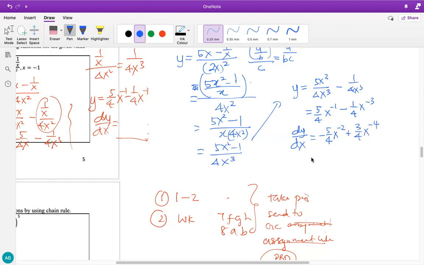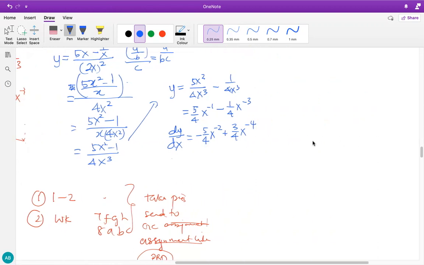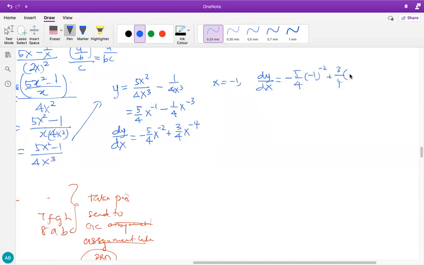Since the question asks what's the value when x equals negative 1, dy dx equals negative 5 over 4 times negative 1 to the power negative 2 plus 3 over 4 times negative 1 to the power negative 4.